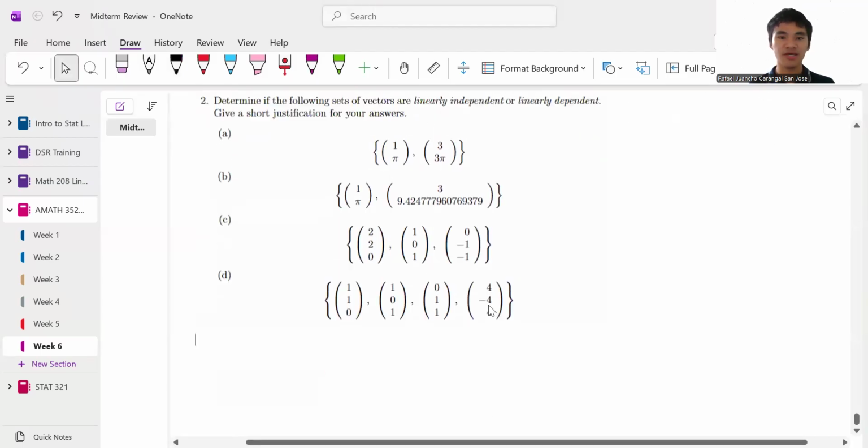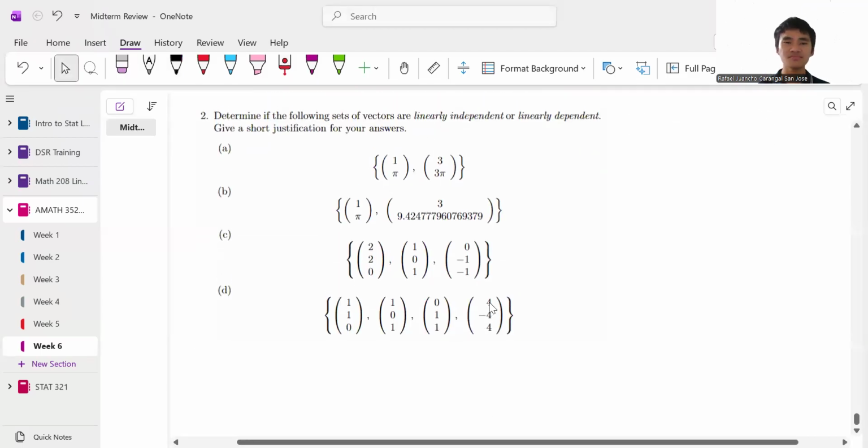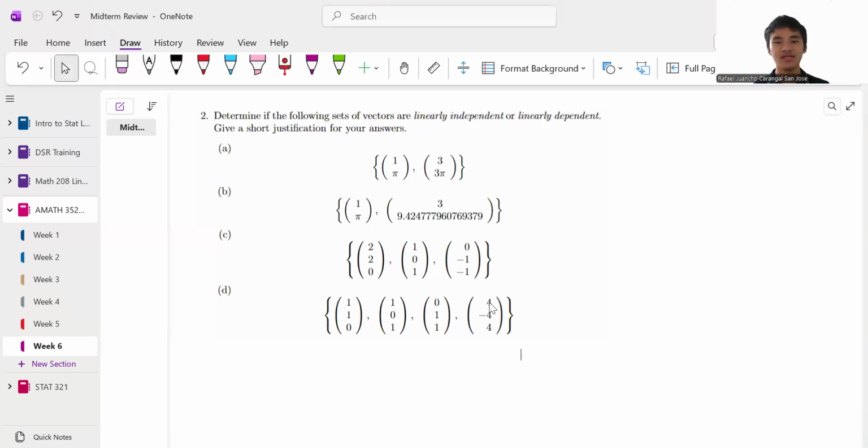So how do we do that, right? Based on what we've discussed, it's linearly independent if we only have the trivial solution where our scalars, in this case our alpha scalars, are all zero. But if one of them is non-zero and we say it's a solution, it works, then they're dependent, right?